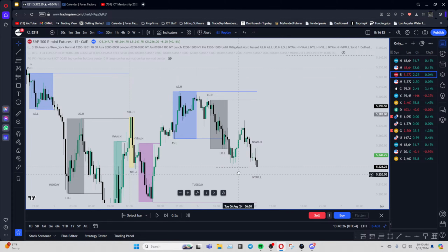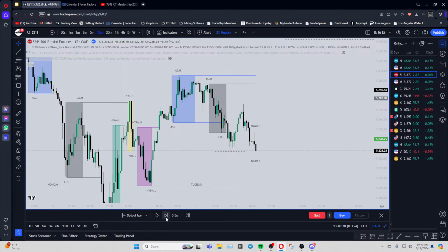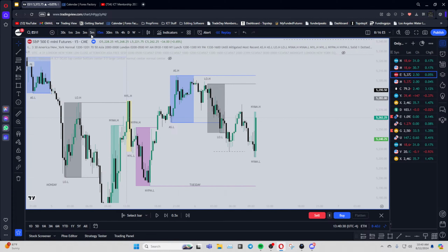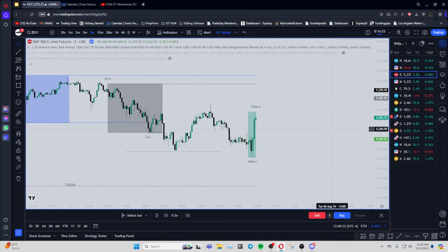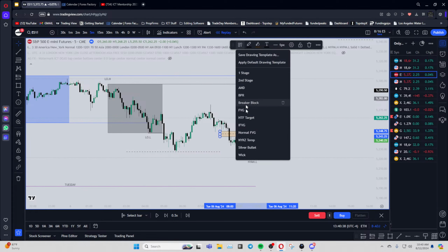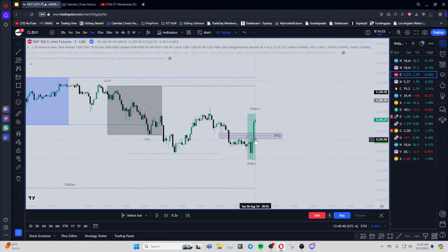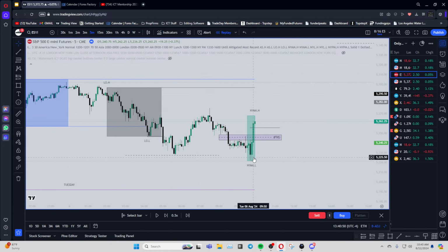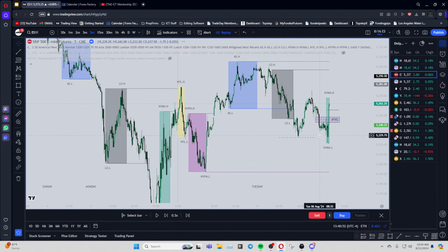So once we see that sell side taken and we see some kind of willingness to trade up higher like this, it's an inversion fair value gap. We create a normal fair value gap right here. So this is where we're not going to want to see continuation to the downside.